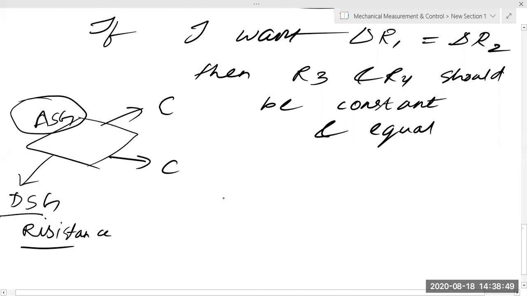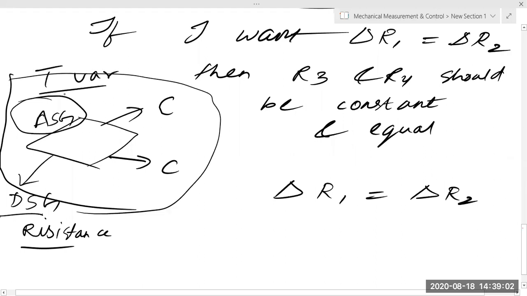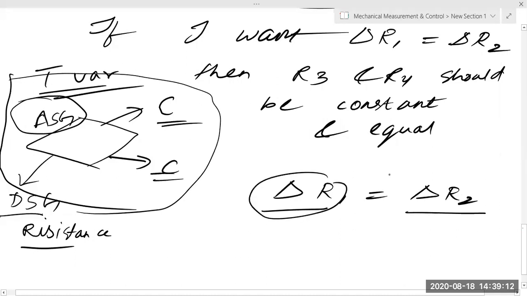If this is the case, then delta R1 will be equal to what? Delta R2. Now if there is some kind of temperature variation, what is automatically happening? For this active strain gauge resistance and dummy strain gauge resistance, whatever the temperature variation, if these two values are kept constant, automatically these two will cancel out each other.